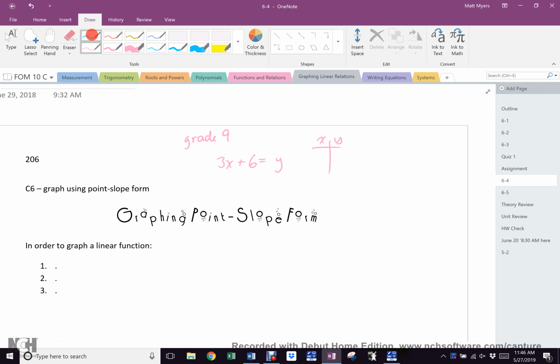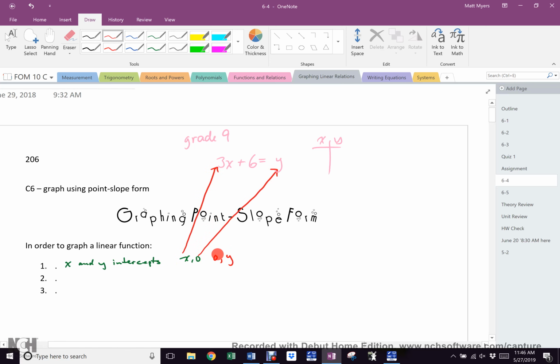The first way we learned in the very first lesson of this unit was x and y intercepts. And that was (x, 0) and (0, y). And what did we do with those numbers? We plugged them into x and y.